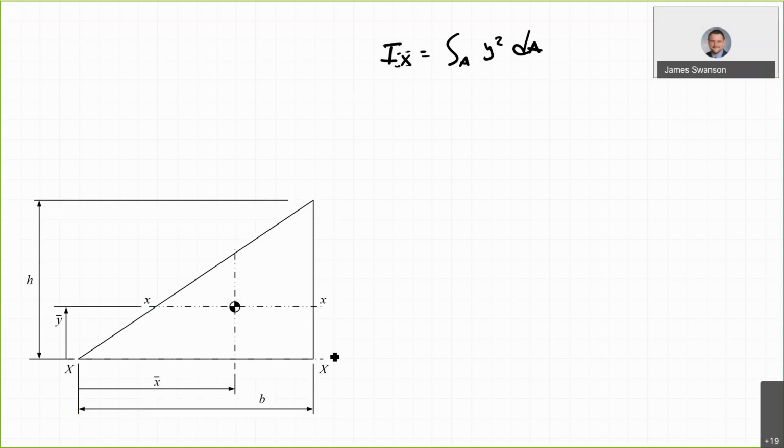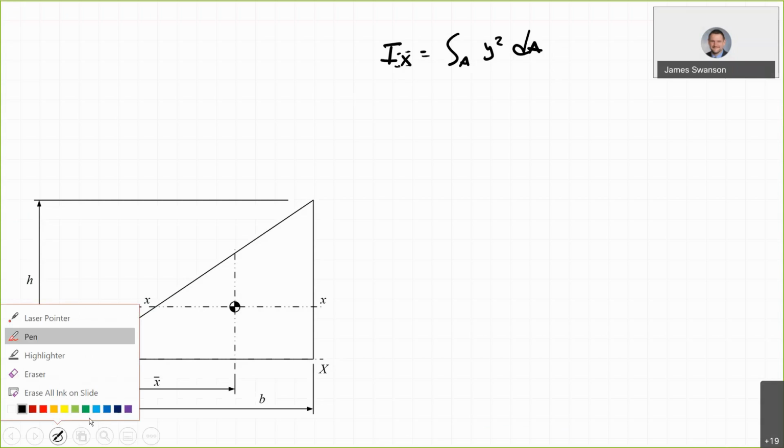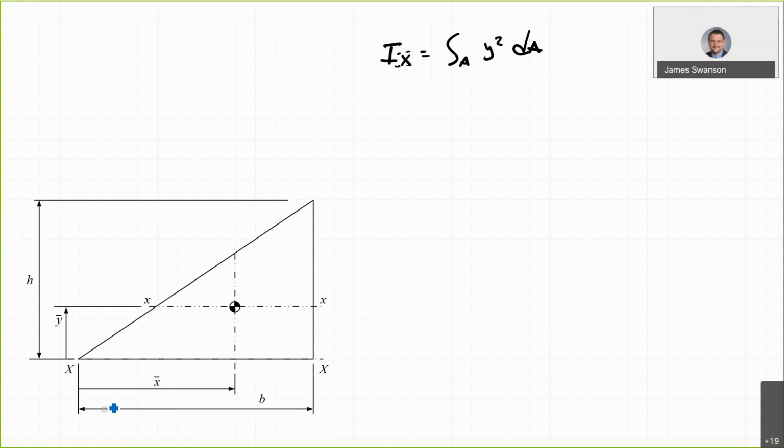So I need a differential block. If I'm looking at moment of inertia about the x-axis, I need a differential block that goes parallel to that. So this is the differential area dA.